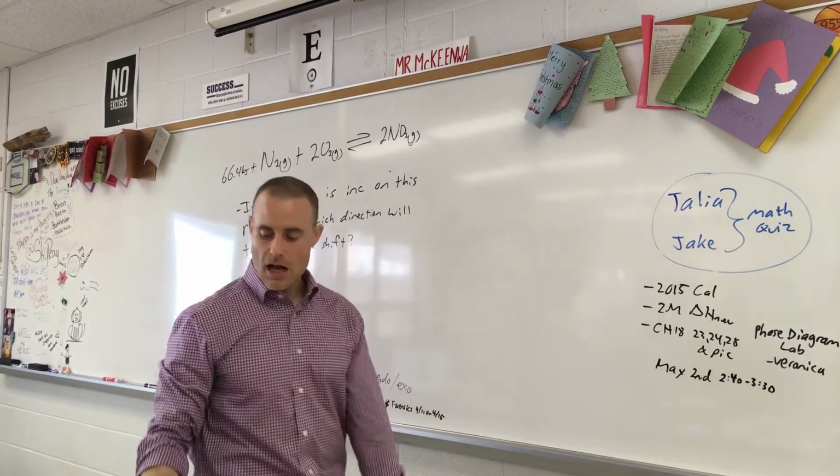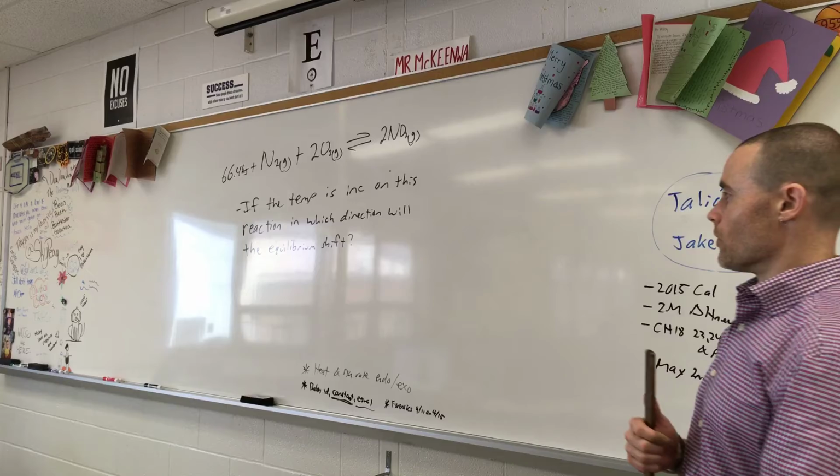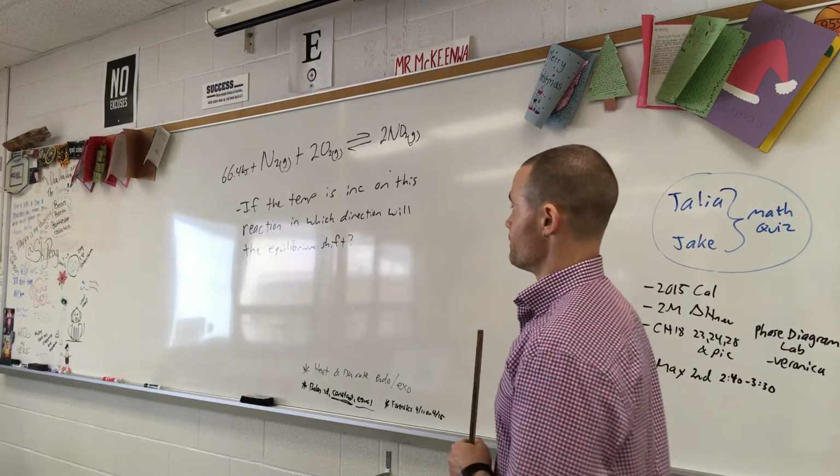They have to say that it's at equilibrium, otherwise you can't really ask the question. So if you read those two lines of notes I just went over, that's how you answer this question.